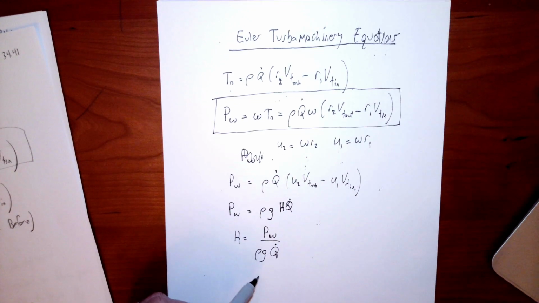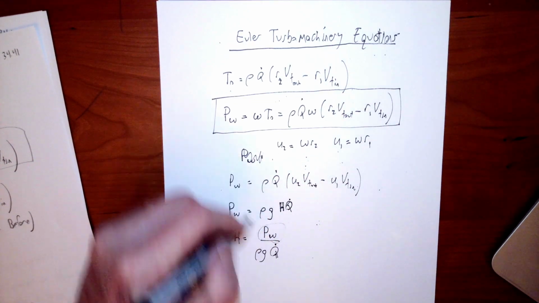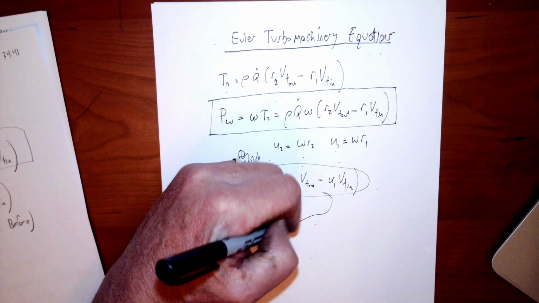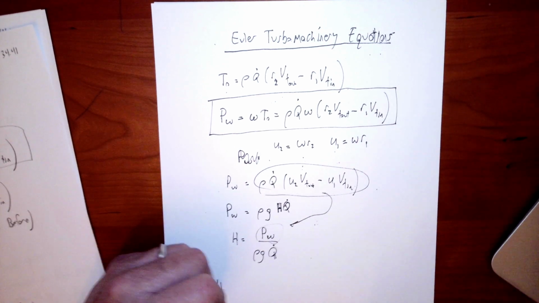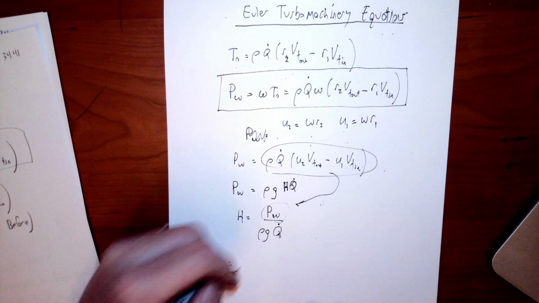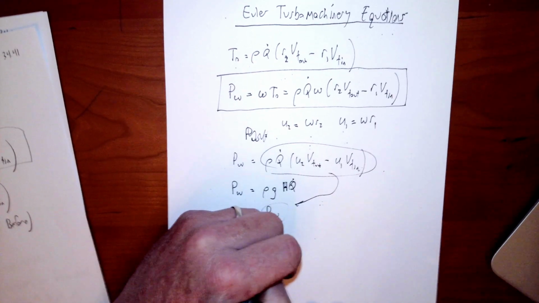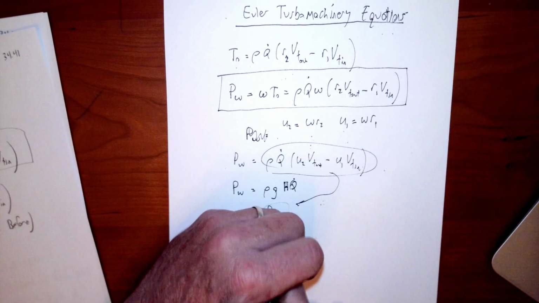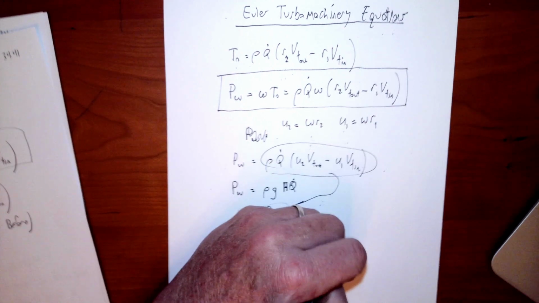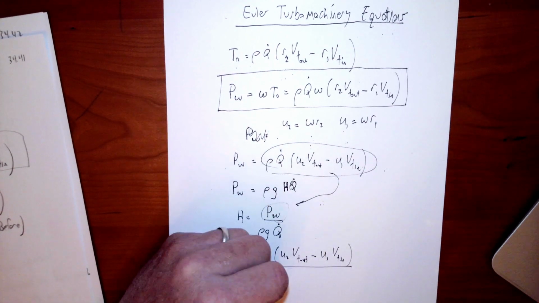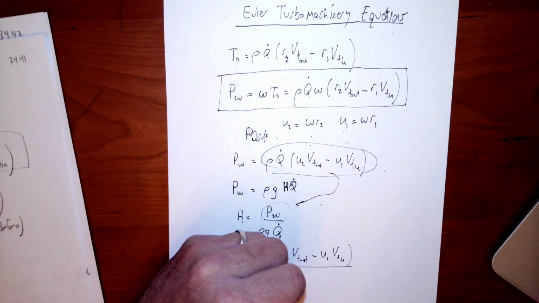And now we can take this equation, plug it in here for our water horsepower. So we have our H there, and we say that's equal to rho Q dot times U2 VT out minus U1 VT in, and we put that over rho G and Q dot.